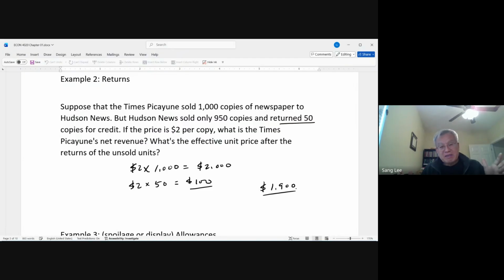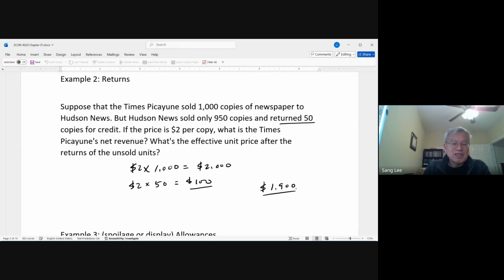The newspaper company probably may not actually want to get those unsold copies back, because it's useless. So you say, it's okay, you just keep those unsold copies, but we're still going to give you the credit for unsold copies, $100.